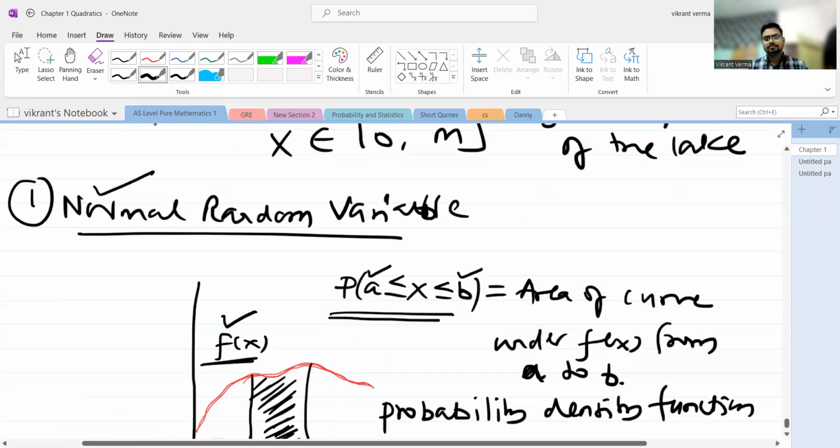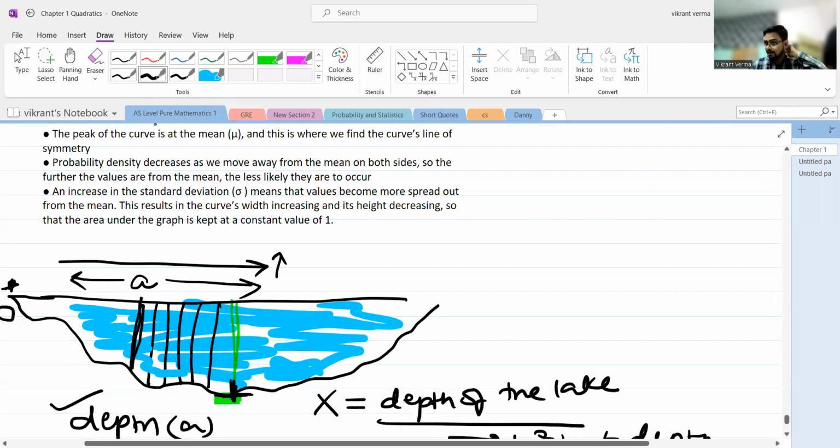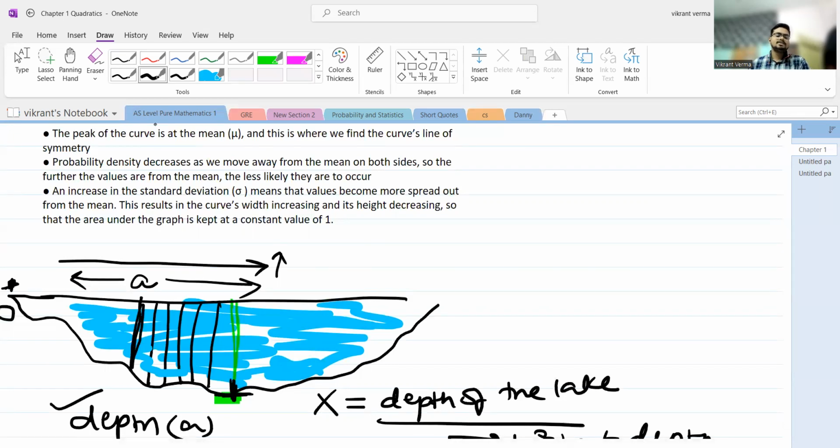For example, if we want to calculate the probability that the depth at a certain point is a certain value, the depth takes an infinite number of values, so the probability of any particular depth will be zero.